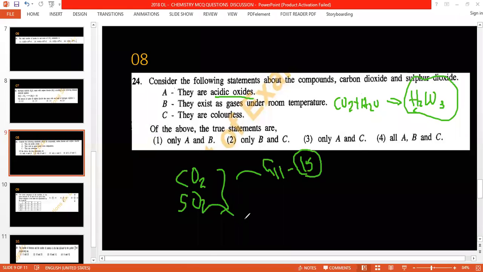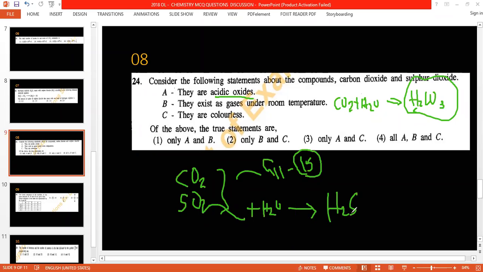And when sulfur dioxide reacts with water, it will form H2SO3, right? So they are acidic oxides, correct? They exist as gases at room temperature, exactly. Carbon dioxide is not a solid. Sulfur dioxide is not a solid, very easy one.